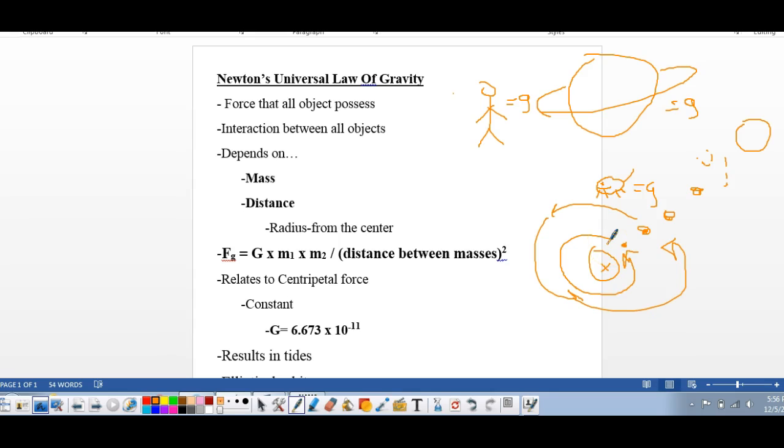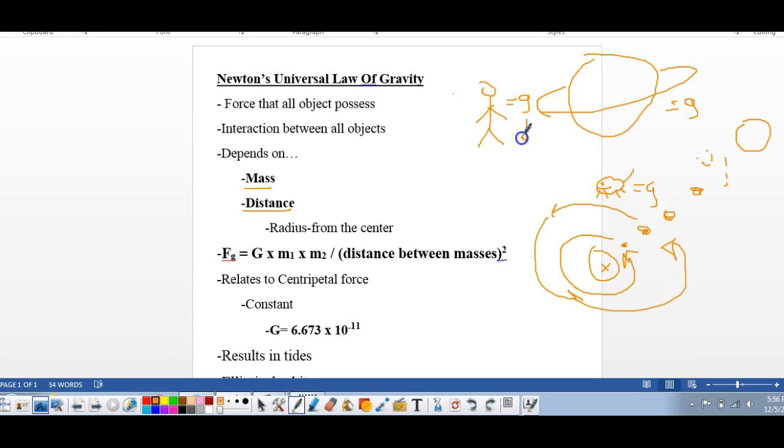Okay, and we'll learn more about that later in the unit, but when we're thinking of gravity, the main thing we want to understand, or the thing that it depends on, is mass and distance. So you might say, well, how can a person have gravity? I've never seen anything stick to a person or be attracted to a person, but that's because gravity is very little.